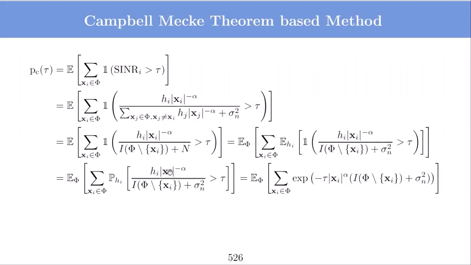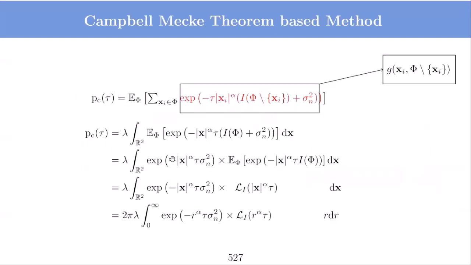Taking it back, this is the probability that hi is more than tau times I plus sigma square into xi to the power alpha. Using the exponential random variable, the probability that h is more than t is equal to e to the power minus t. So this is just equal to e to the power minus tau times interference plus noise into xi to the power alpha.